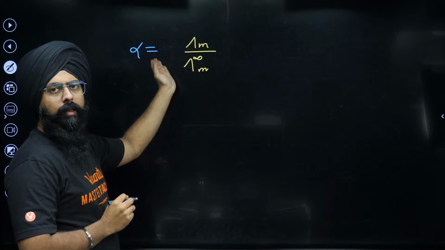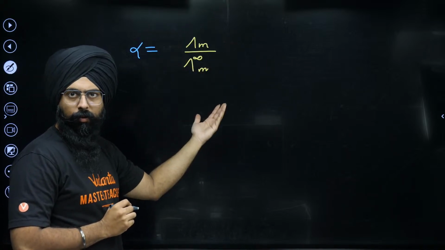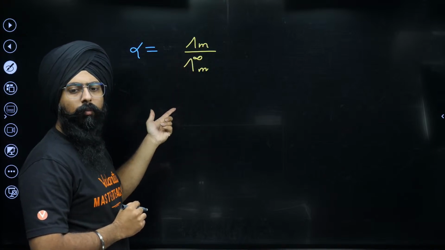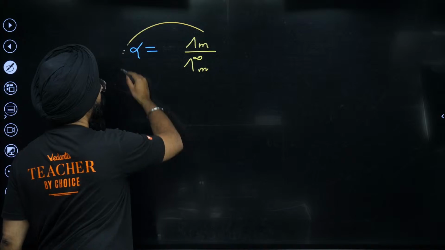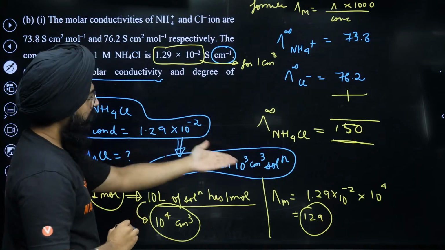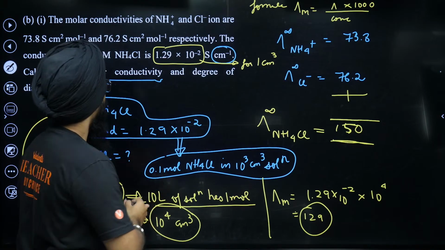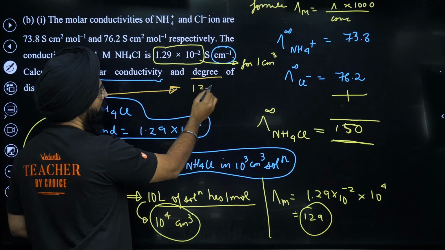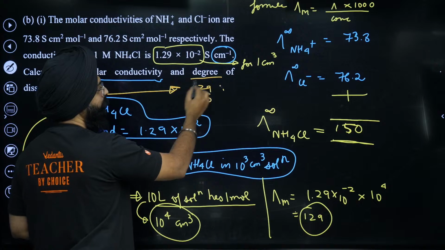The particles that have reacted upon initial number of particles. So that can be thought of as molar conductivity upon limiting molar conductivity. If we keep this in our minds, this idea becomes very simple. Degree of dissociation will be equal to 129 by 150.